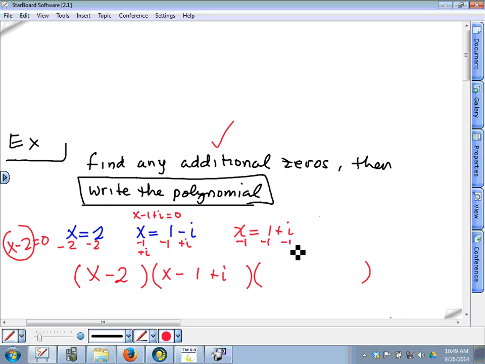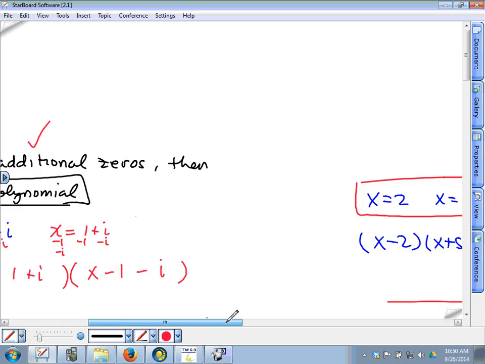Subtract the 1 on both sides and subtract the i. So what are we going to have? X minus 1 minus i. Those are the factors. Similar to what we had over here on the test.